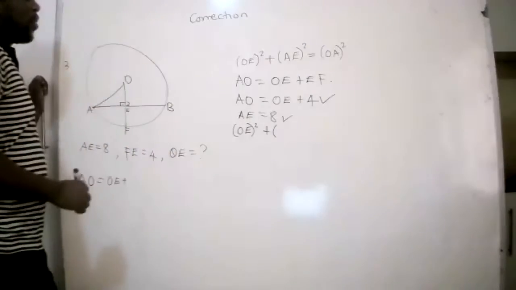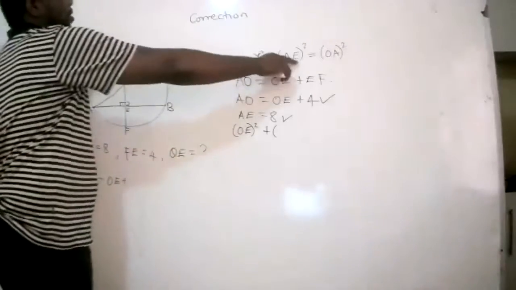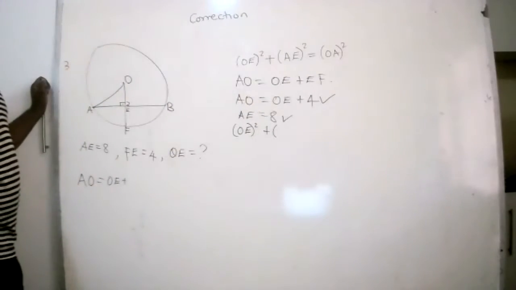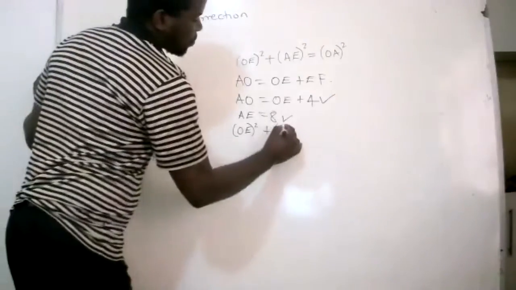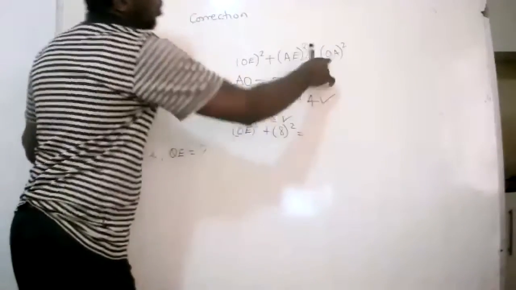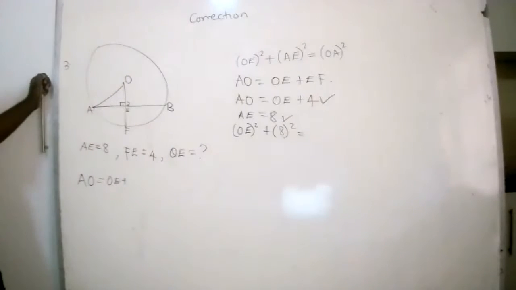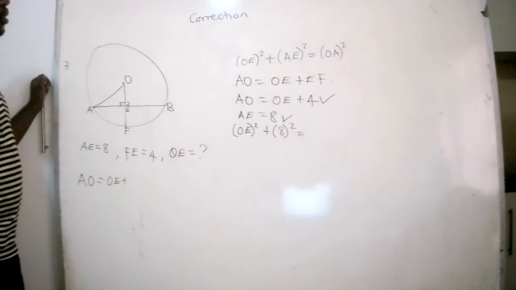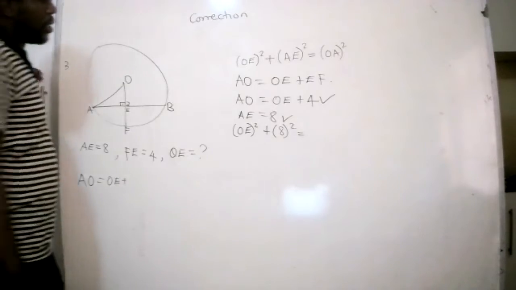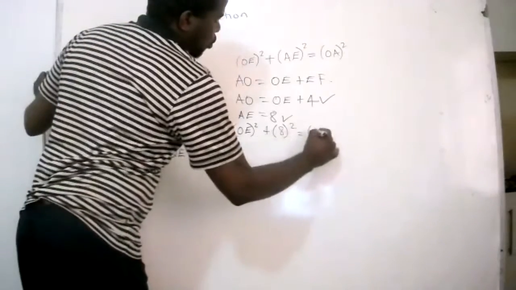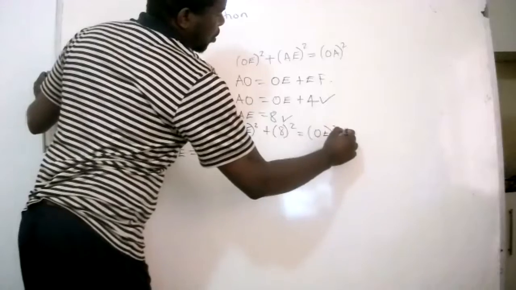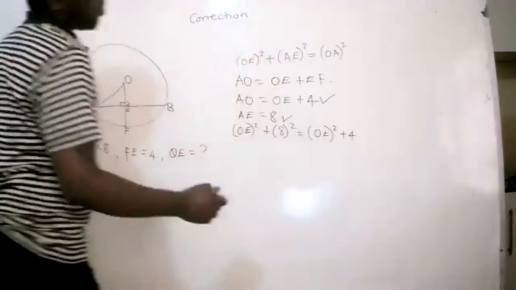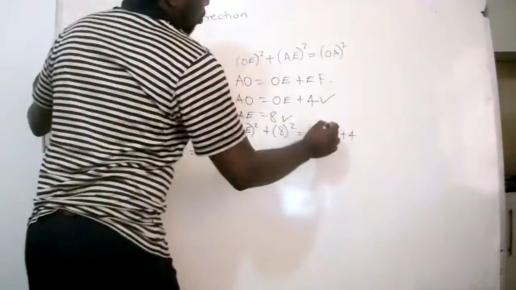Now tell me, what are we going to substitute where we have AE? 8. We're going to substitute 8. Equal to, what are we going to substitute where we have OA? OE plus 4. Definitely. So it's OE squared plus 4.